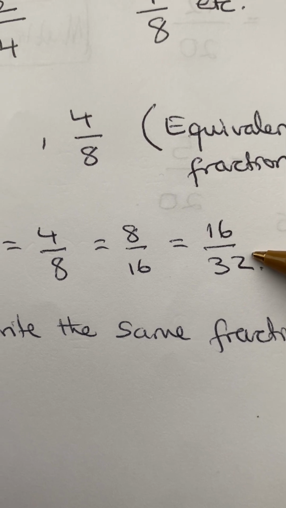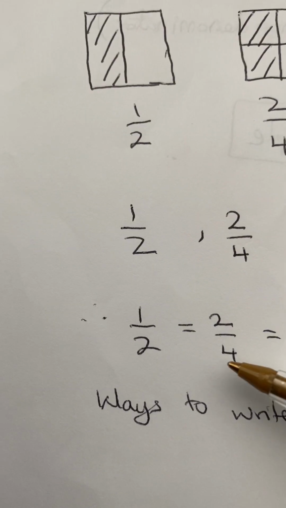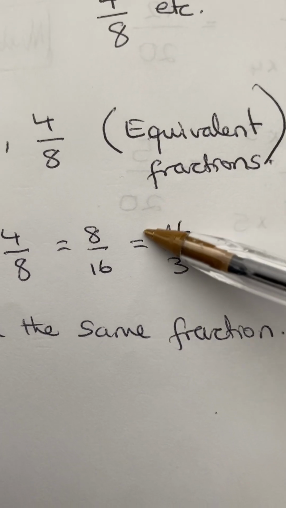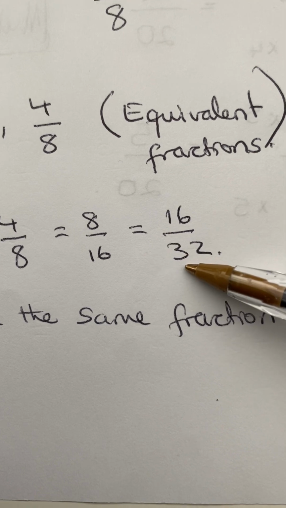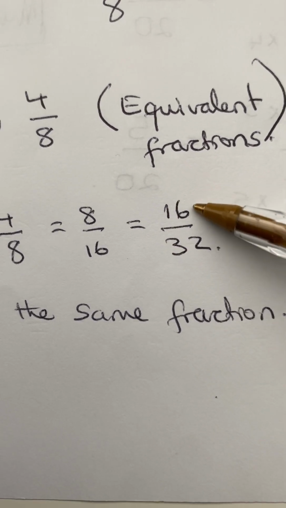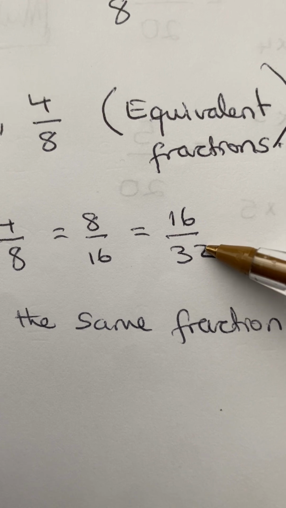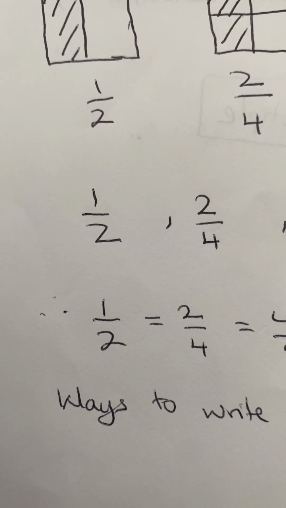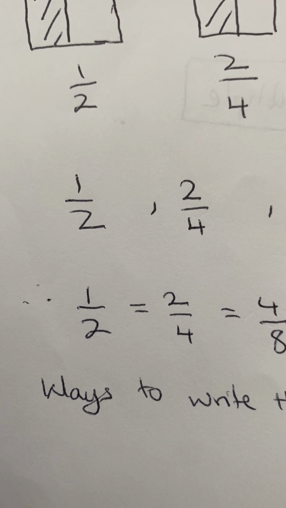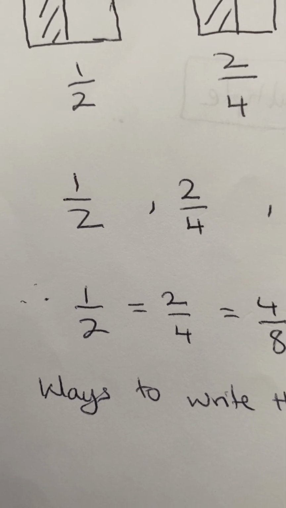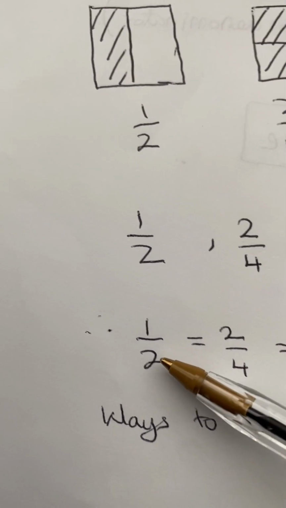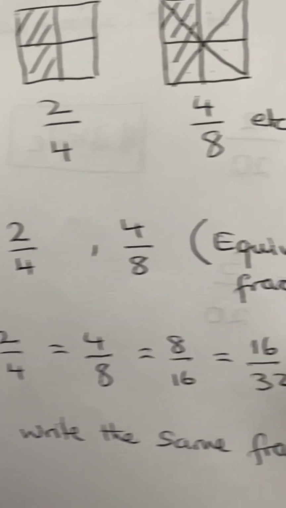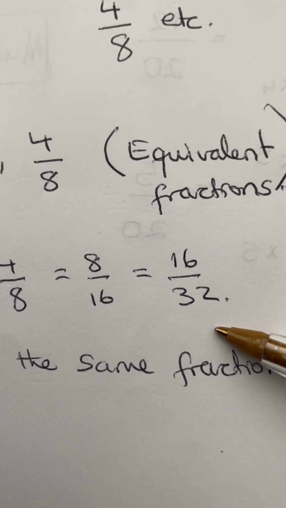So we can write fractions as equivalent fractions. This is handy because, assuming I'm working with 16 over 32 in a non-calculator paper, I can reduce this to half and put it back into the equation so that it will be easier for me to multiply. It's easier to multiply 1 and 2 than 16 and 32.